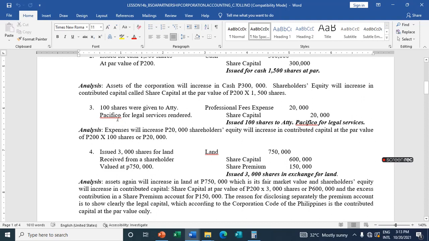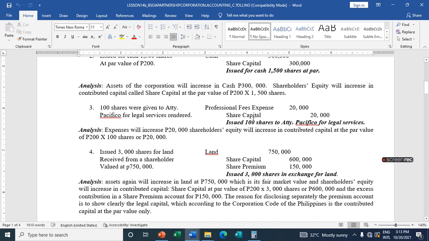A hundred shares were given to Attorney Pacifico for legal services rendered. So they paid Attorney Pacifico with 100 shares for his legal services.